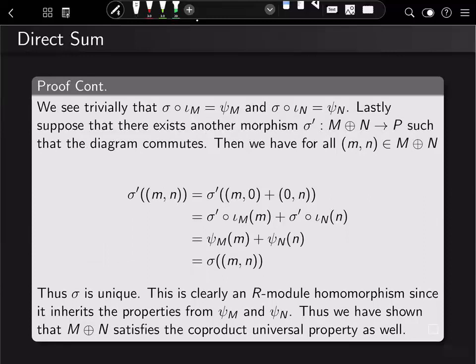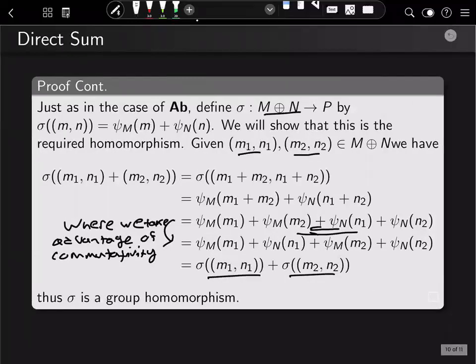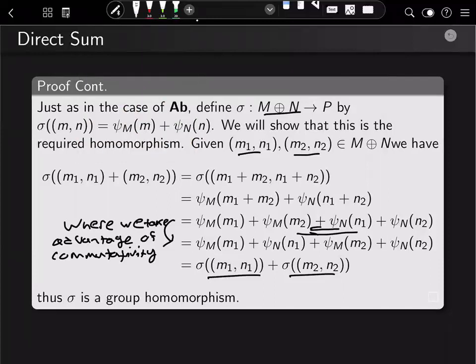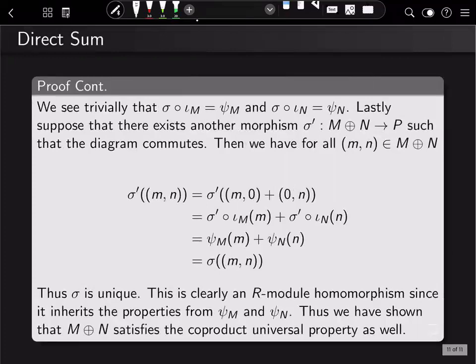Yep, so we see trivially, as I put it here, that the composition sigma composed with iota sub m is equal to psi sub m, and sigma composed with iota sub n is equal to psi sub n. Okay, so how do we see that? We could write this down over here, maybe making a little note on the side.